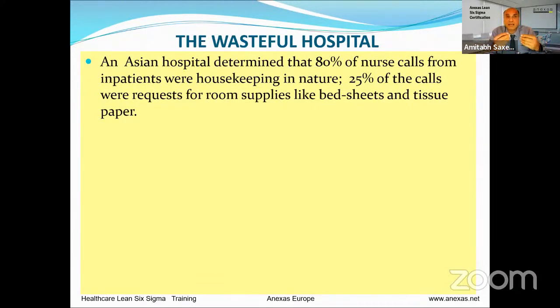The nurse intelligence is getting wasted. And when the nurse's intelligence is getting wasted, obviously, it is a waste and a cost to the organization. That thing can be taken care of by someone else. Similarly, if a surgeon is waiting for the operation theater to get ready, that's an example of a waste.